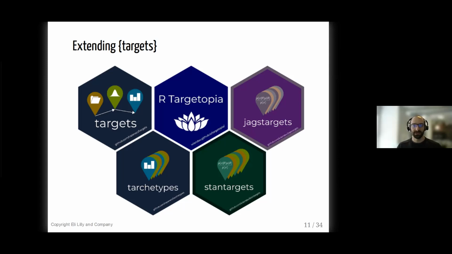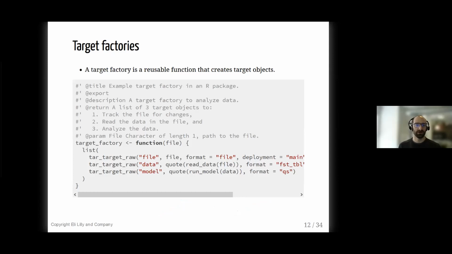And the mechanism behind packages like this is something I'm calling the target factory. A target factory is just a mechanism that defines one or more targets at once, using very simple inputs from the user. So for example, in a workflow like this, where you read a file and run a model on the underlying data, there are steps to track the file for changes and to read the data in and then run the model.